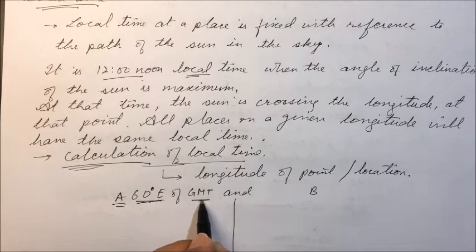As we know, at Greenwich it is 0 degree longitude, and when the sun is overhead at 0 degree longitude, the time there will be 12 noon.